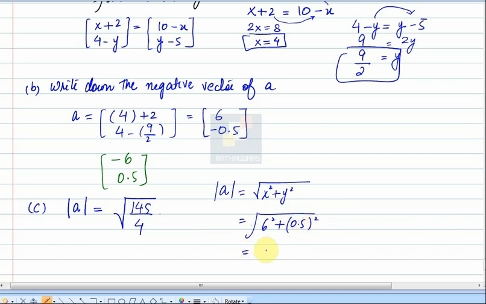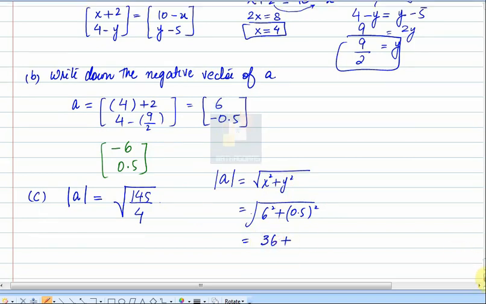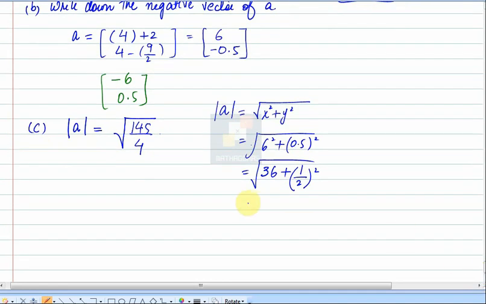If you solve it, it's 36 plus 1/4, because 0.5 is 1/2, and I will write 1/2 because I need to show that expression, right? 36 plus the LCM of 1/2 squared, it's 1/4, with the root sign.